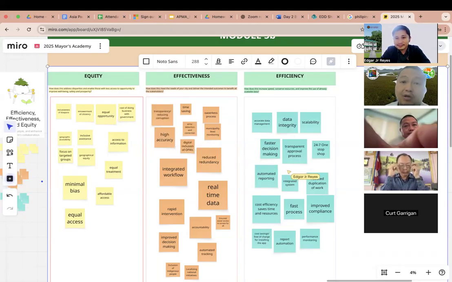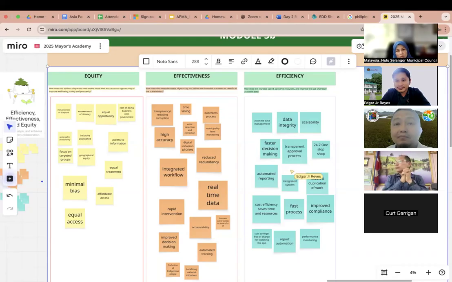In terms of efficiency, it allows you 24 by 7 one-stop government services. Previously, we did a lot of one-stop services on a physical level, but with this application, we could do it all the time. And we could scale. We are planning to scale the program to include e-tourism.